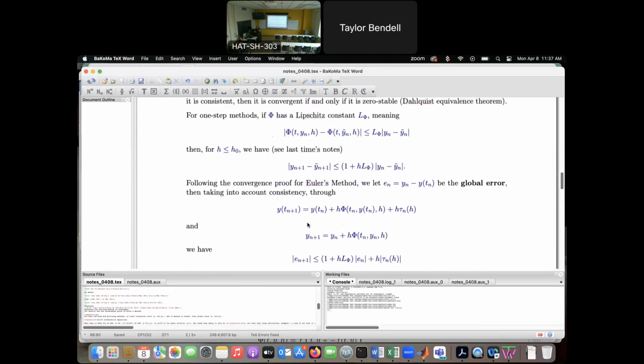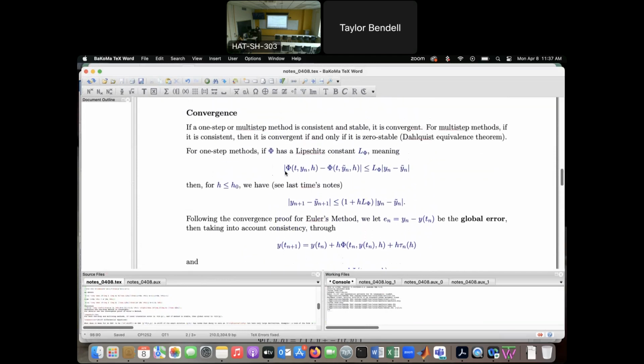So to recap, now that all this is cleaned up, this summarizes the flow here. We're assuming the method is stable. That gives us its Lipschitz.